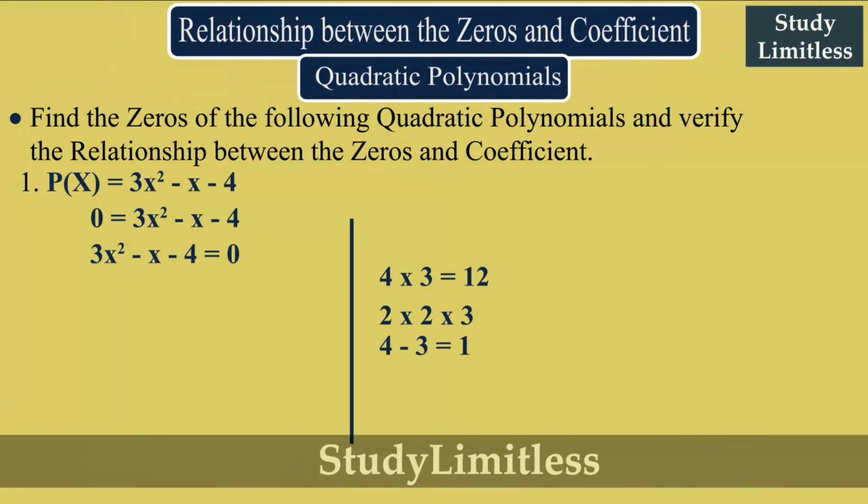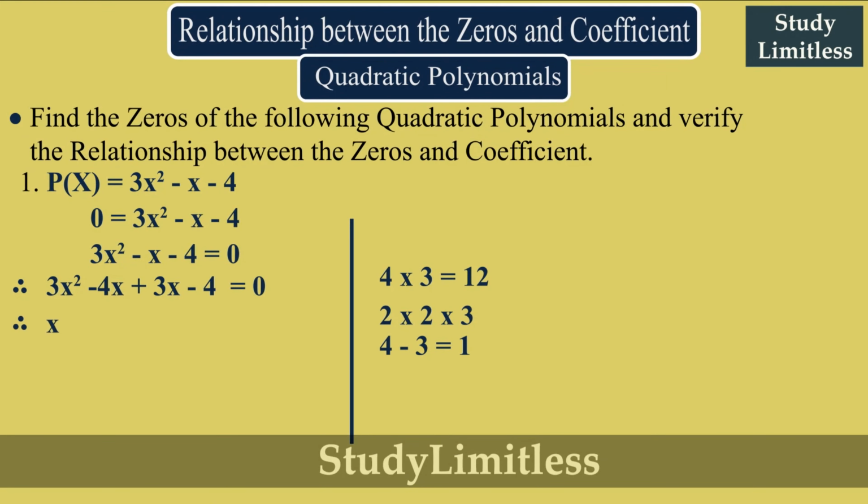We can rewrite it as 3x² - 4x + 3x - 4 = 0. Now, from the two pairs of terms we can find the common factor.